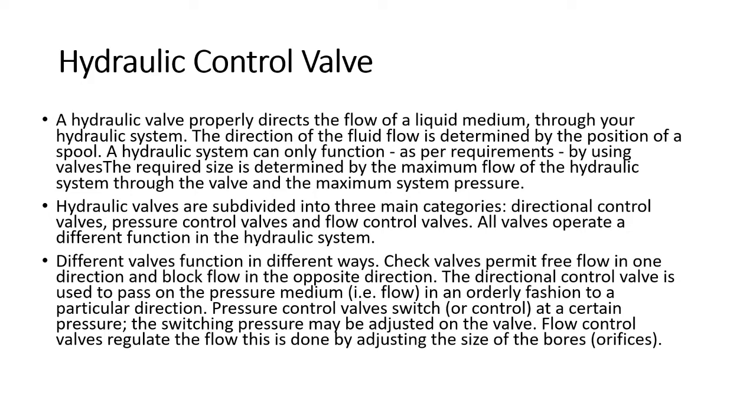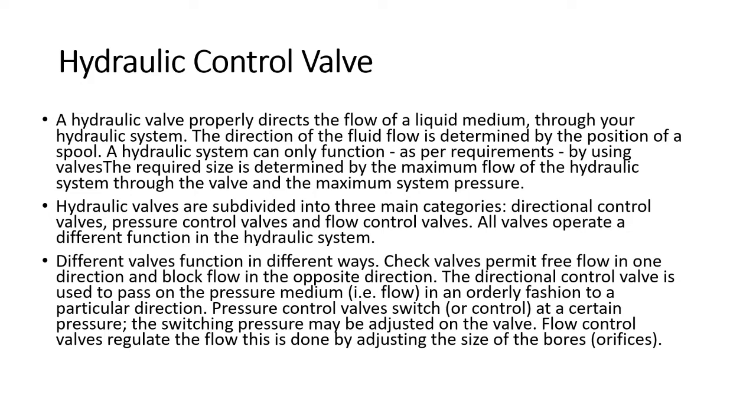Now, hydraulic valves are mainly subdivided into three main categories: direction control valves, pressure control valves, and flow control valves. All valves operate at different functions in the hydraulic system. Different valves function in different ways. For example, check valves permit the free flow in one direction and block flow in the opposite direction.